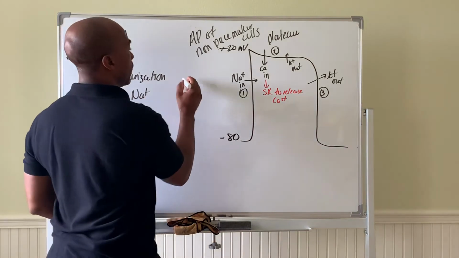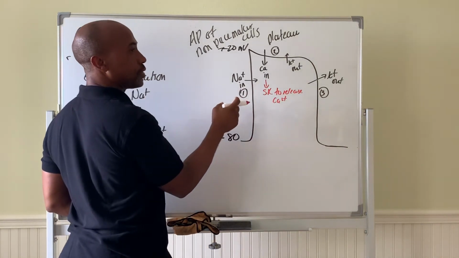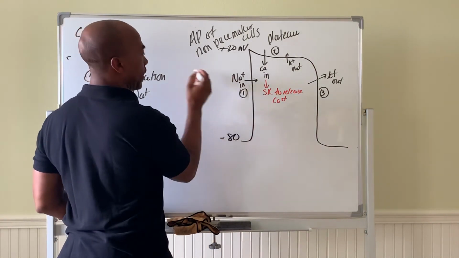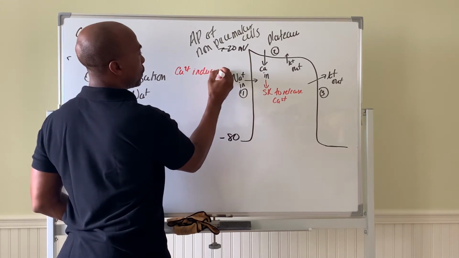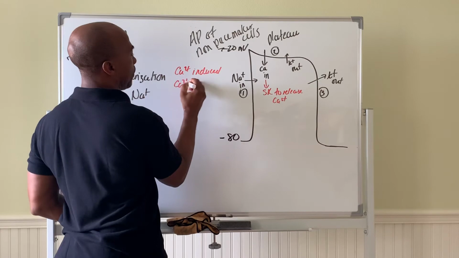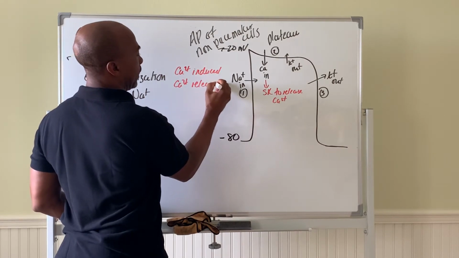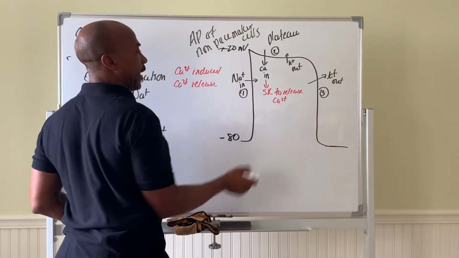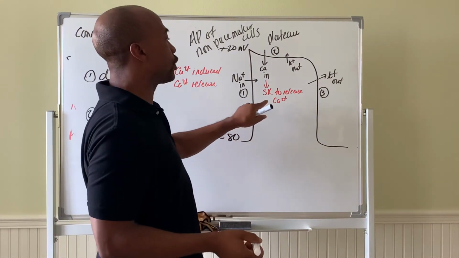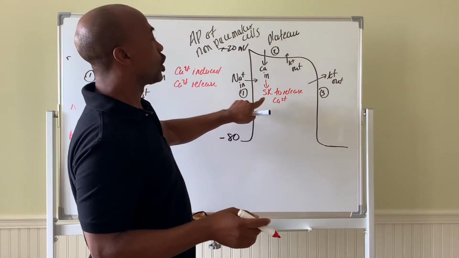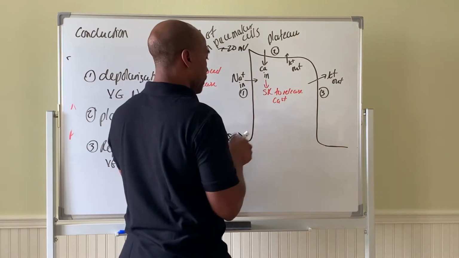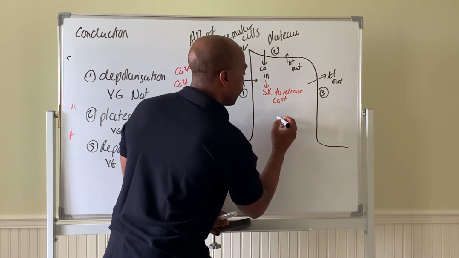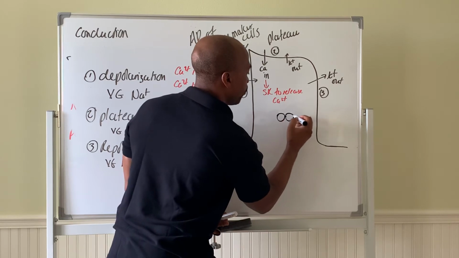Okay, that's called calcium-induced calcium release. So Ca in from the plateau phase will get to the SR and trigger the SR to release more calcium. Then that calcium, as well as this calcium, will allow for the cross-bridge cycling to occur.